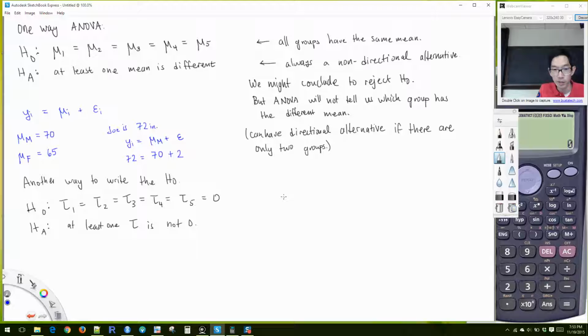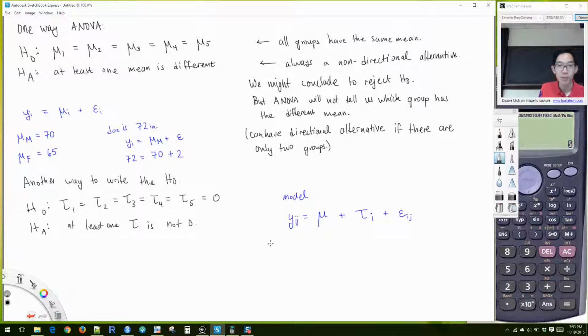Here our overall model is that an individual's height, y sub i, or ij, or whatever you want to call it, is a mu with no subscript plus a tau for belonging to group i plus an error term for the individual.